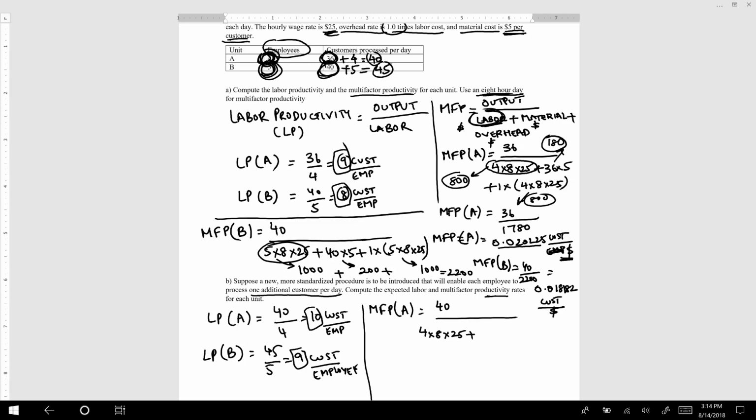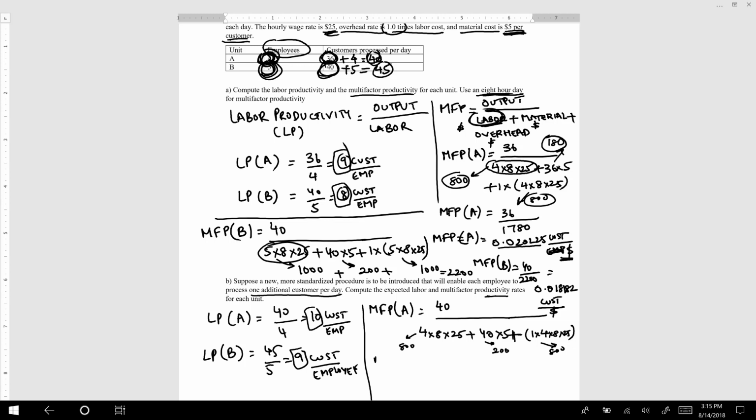Our material cost will change because now we have 40 customers multiplied by $5, plus the overhead will remain the same, which is 1 times 4 times 8 times 25. So if you calculate, this is 800, and then this is 200, and then this is 800.